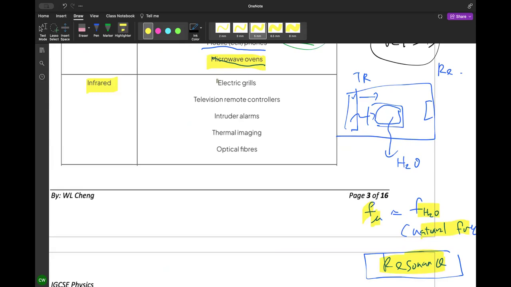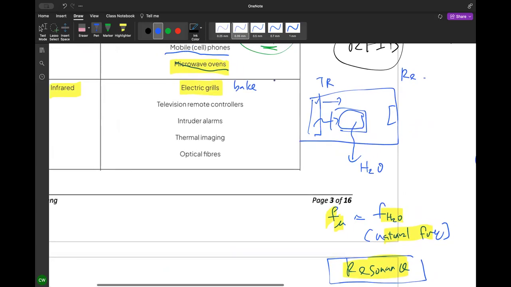Infrared, electric grill. Do you have an electric grill at home? You don't have. Do you know how to bake the loaf? Do you eat roti or not?